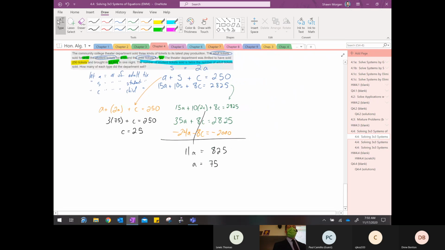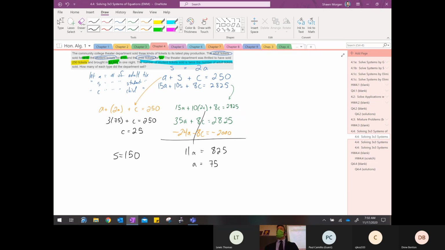Now look, we could use some common sense right there, right? Or we could use one of those equations. If S equals 2A, then S is going to be 150. Or we could just say, how many tickets were there altogether? There's 250 tickets altogether, and if A was 75 and C was 25, that's 100 altogether, so there must be 150 left over.